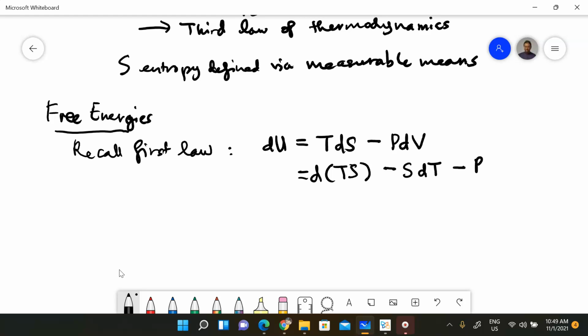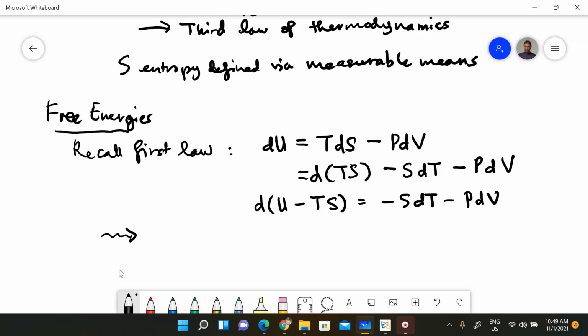And I can bring this to the other side, and then this gives me d(U minus TS) equals minus S dT minus P dV. So this is now an exact differential. We find this to be what we call the Helmholtz free energy.